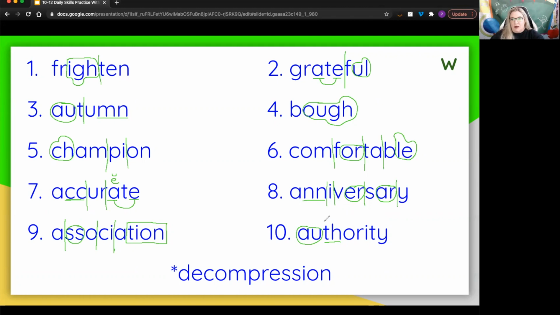We have Thor, Thor, authority, authority. Now, again, sloppy English, we actually don't pronounce this as an ah, at least not here in the Midwestern United States. We say authority, but the correct pronunciation would be authority.